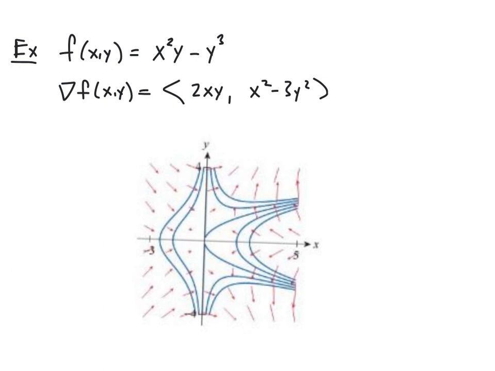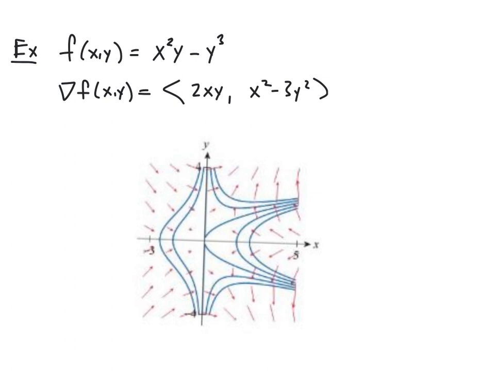And here's an image of this particular vector field with the arrows in red. Notice that some of the arrows are pointing towards the origin, some of the arrows are pointing away. It really depends on the location of the point. Now also in this image are some of the level curves of this particular function.